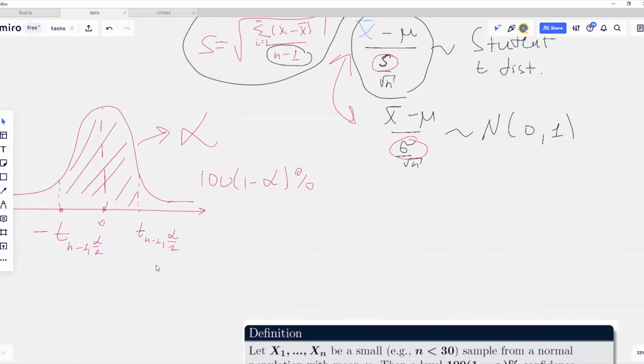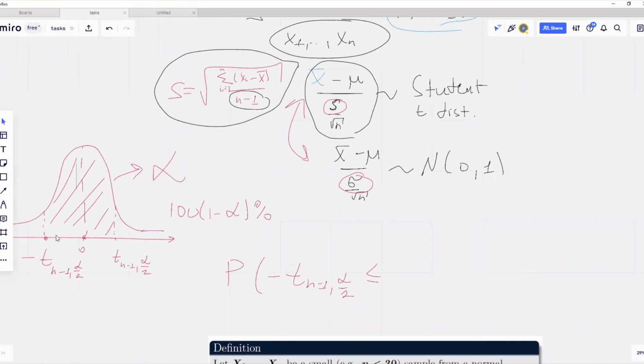So then the probability that our random variable lies in that interval, involving x bar, is given as alpha.